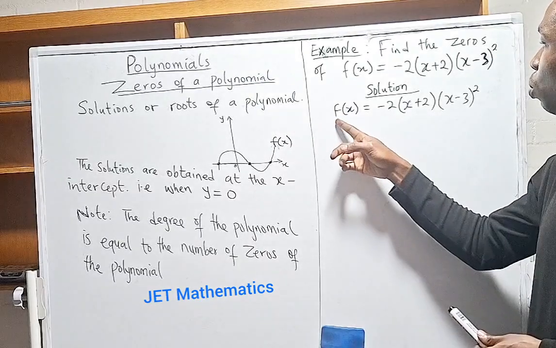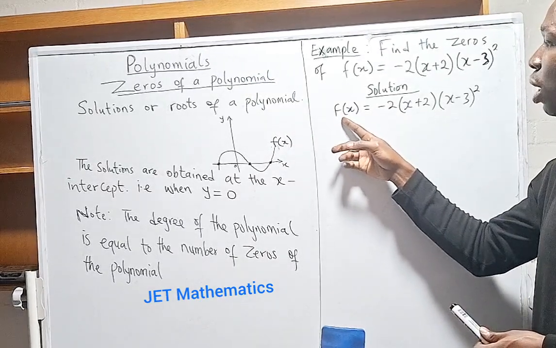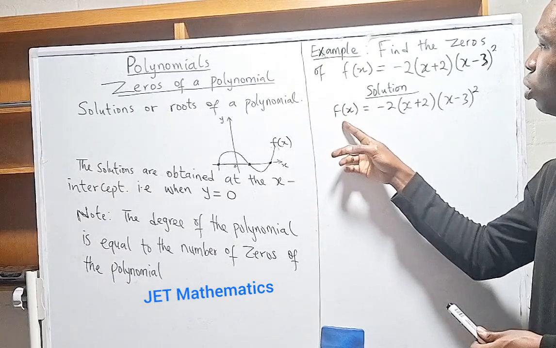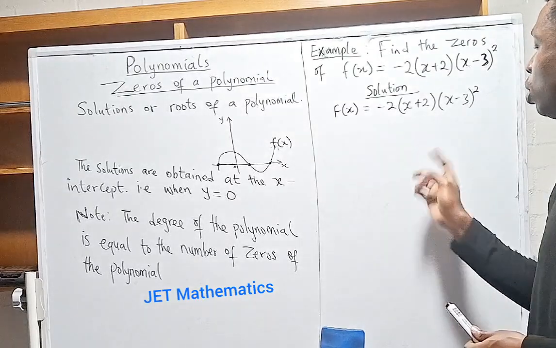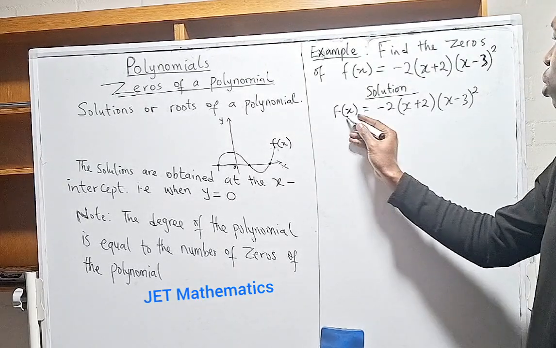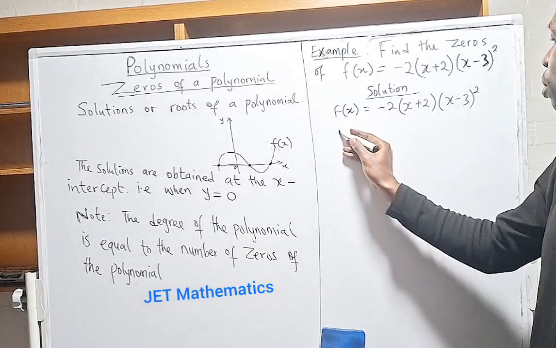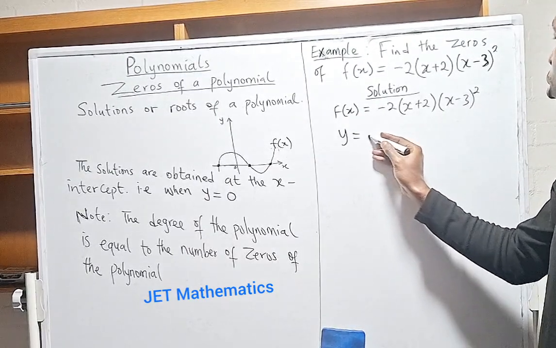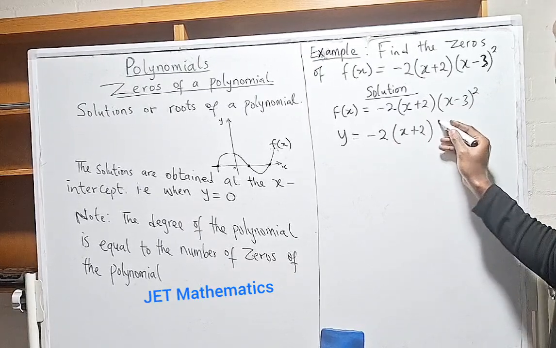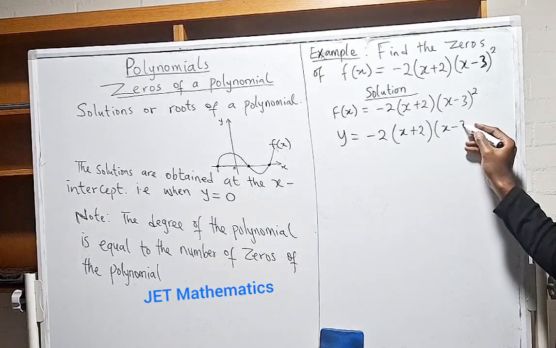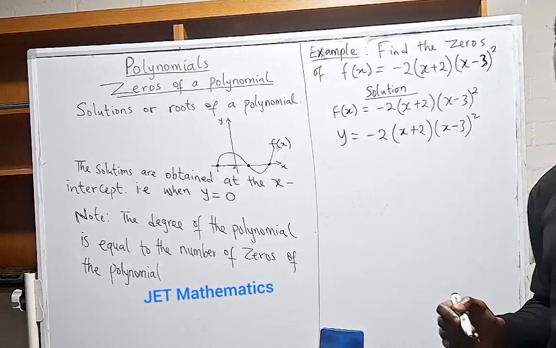So f of x can be called y. The function can be y equals this. So take note of that. f of x is the same thing as writing y is equal to minus 2 bracket x plus 2 bracket x minus 3 all squared.